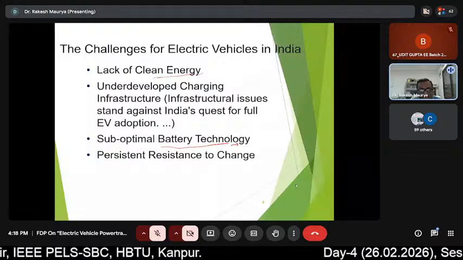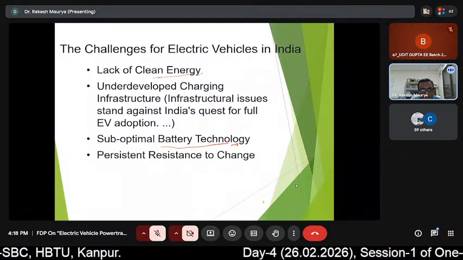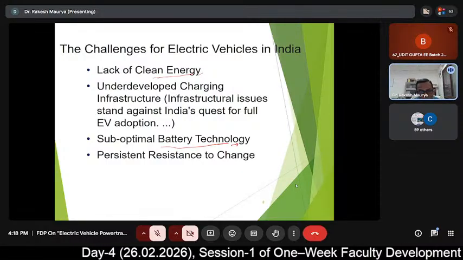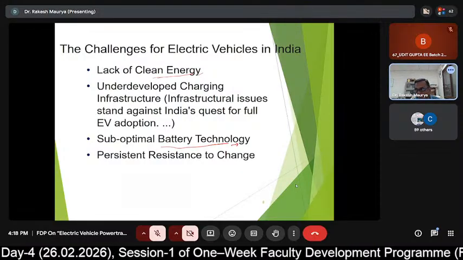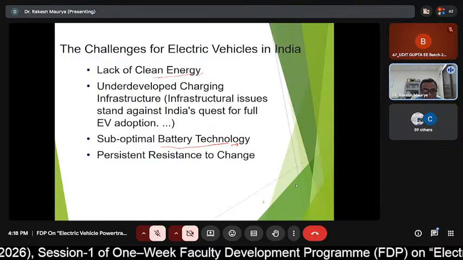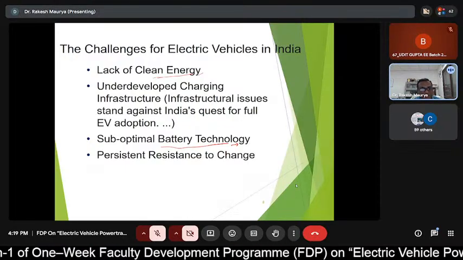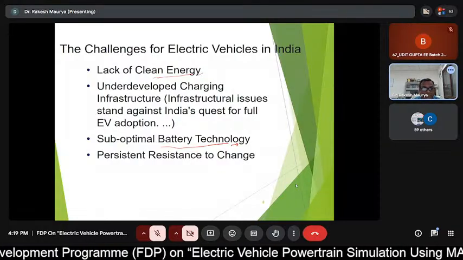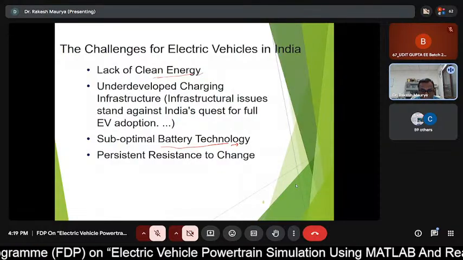But because we are not ready to accept new technology quite often, we need to think about this also. If the technology is going to change, you have to educate the people so that they are ready to adopt the change in the system.